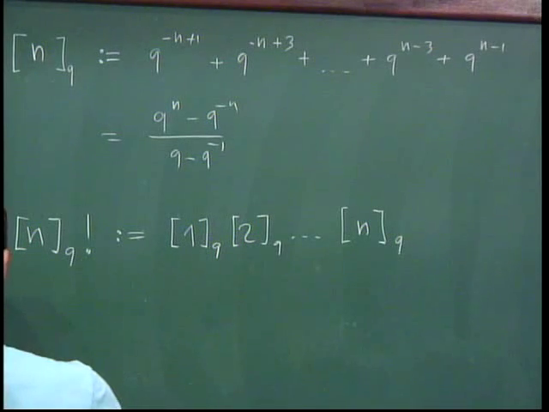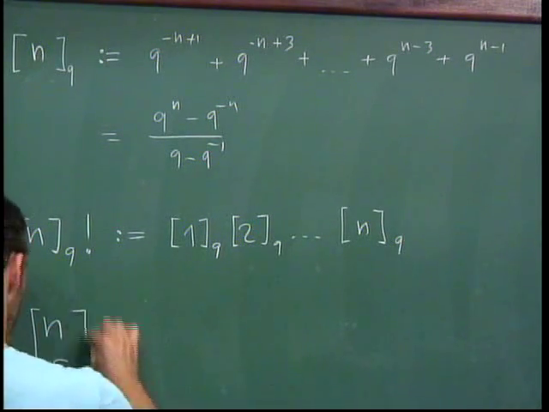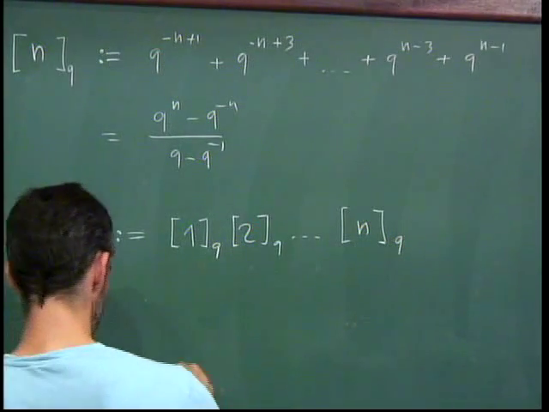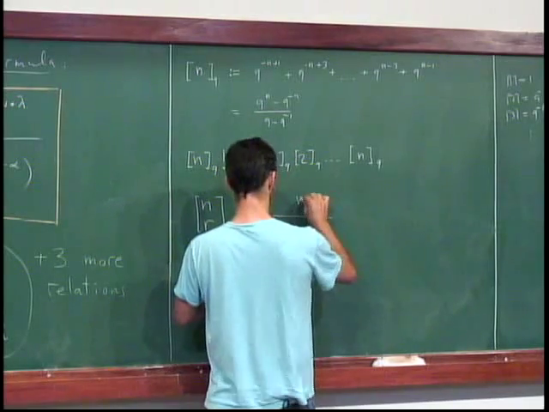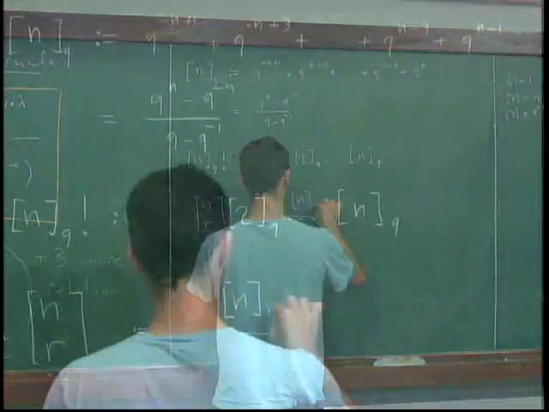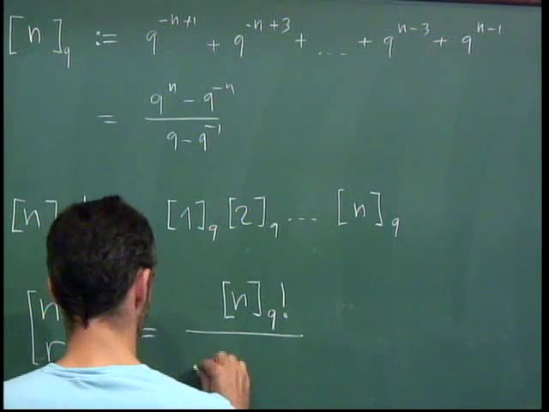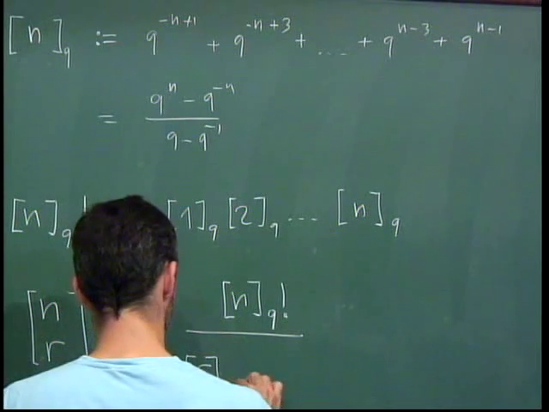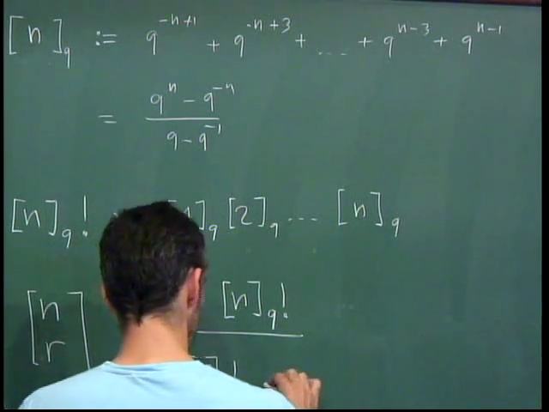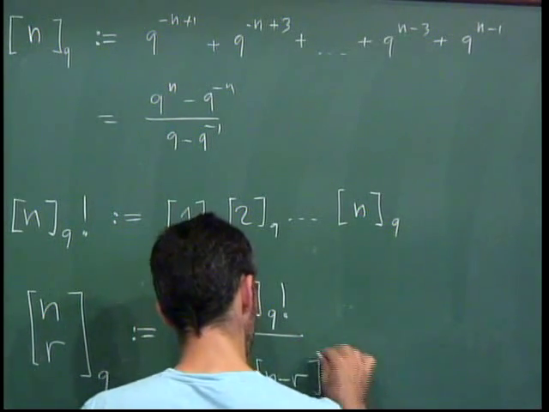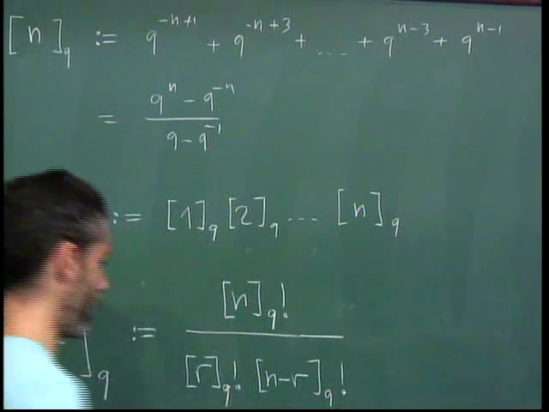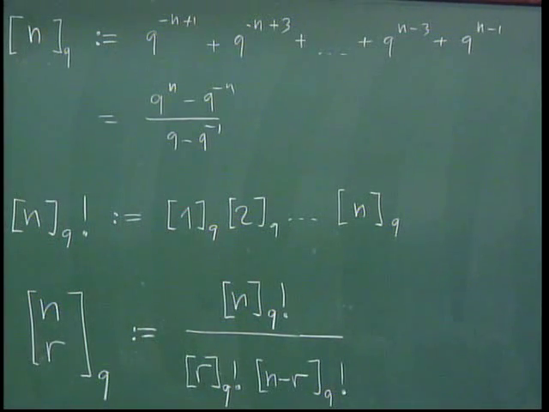And the q binomial, n choose r, is defined to be, well, it's the same expression as the usual definition of the binomial, or at least one of the definitions of the binomial, except you replace it by those funny notions.